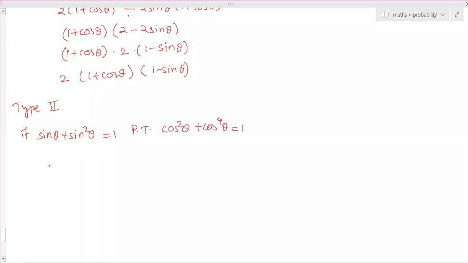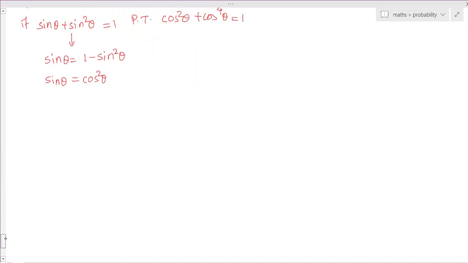Now here we can write this as sine theta is equal to 1 minus sine square theta. This is given, so we are using it. So sine theta, this plus sine square theta will go other side as 1 minus sine square theta. So 1 minus sine square theta is cos square theta. So sine theta is equal to cos square theta.